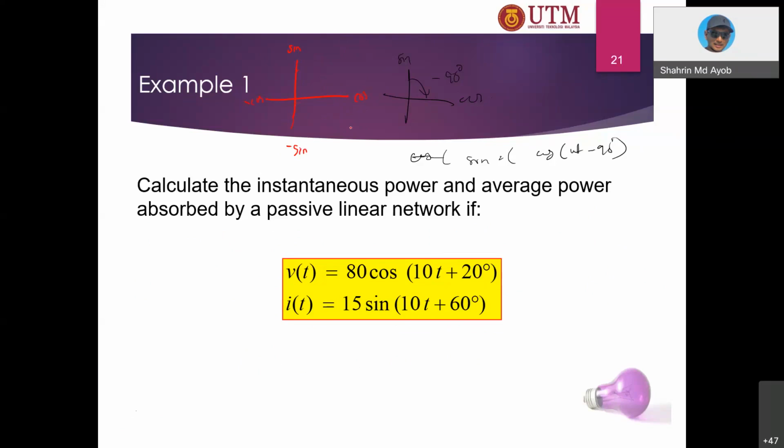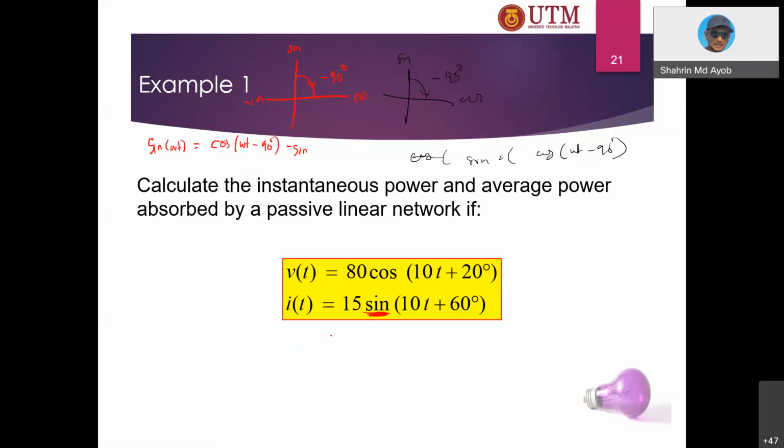If I want to change the sin function into a cos function, we need to subtract 90 degrees. So sin omega t, written as a cos function, becomes cos omega t minus 90 degrees.